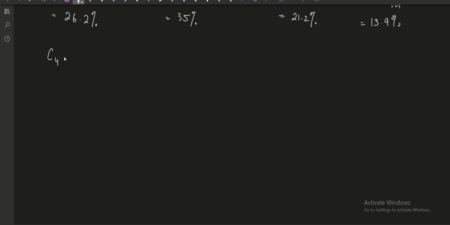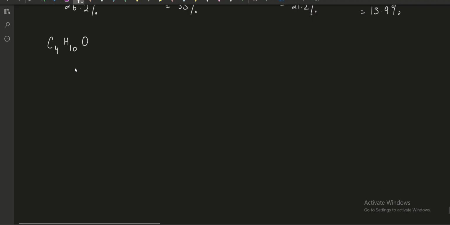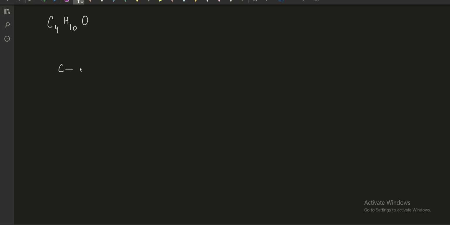First of all, the first isomer will be the one with 4 carbon atoms. Since it's an alcohol, we have to write an OH group along with that. So it will have 1, 2, 3, 4, 5, 6, 7, 8, 9, and this is the 10th hydrogen.